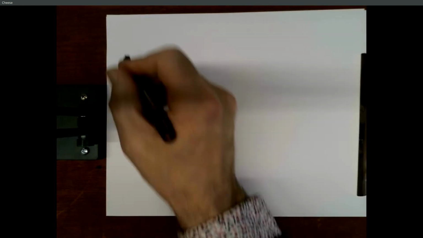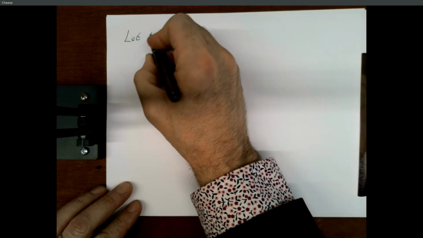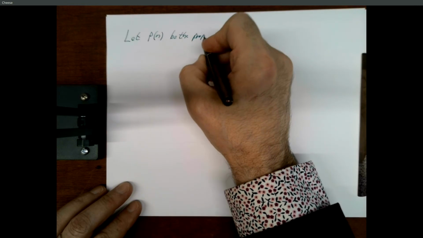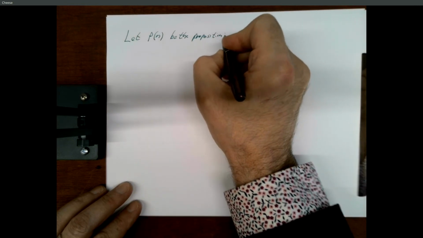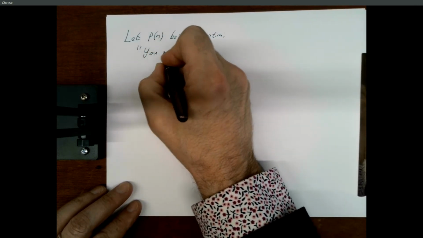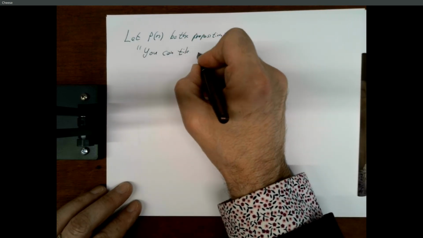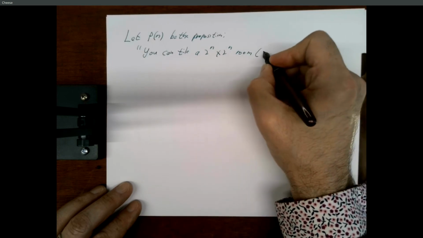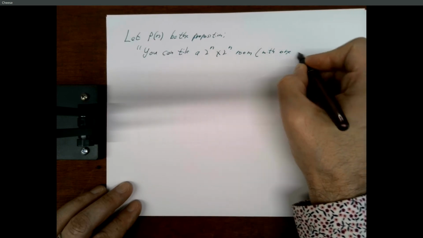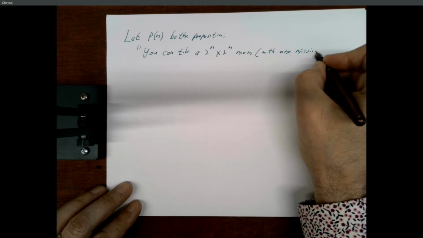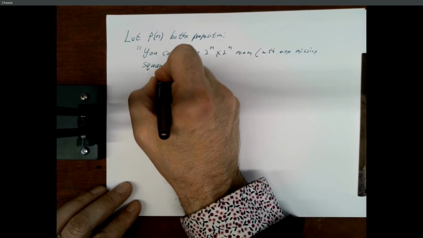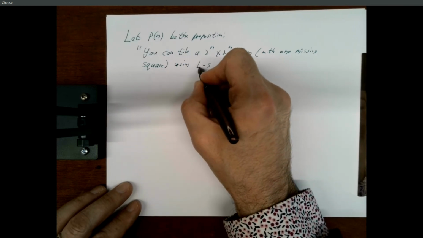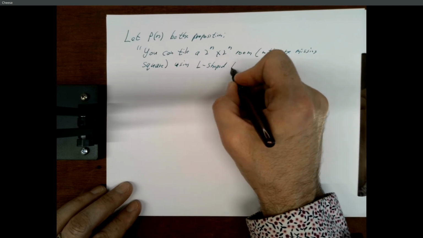Let's make a proposition. Let P of n be the proposition: you can tile a 2 to the n by 2 to the n room with one missing square using L-shaped tiles.